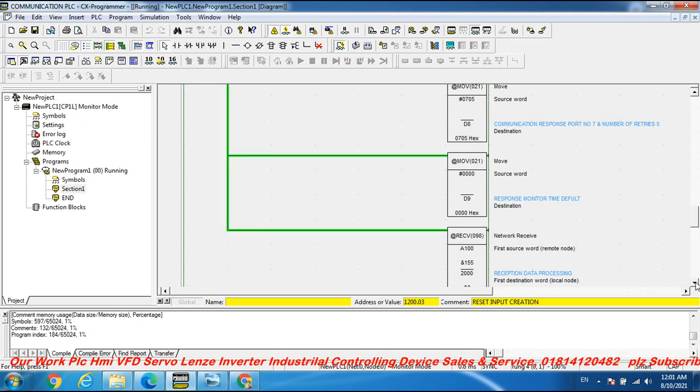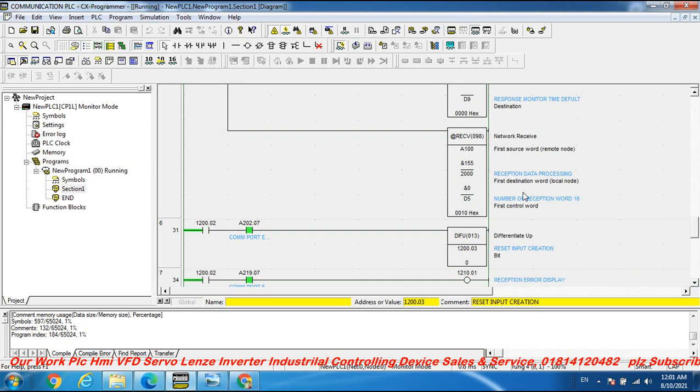And friend, at the rate of receive network receive, A100, 2000, D5.